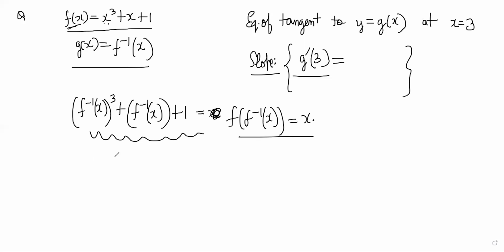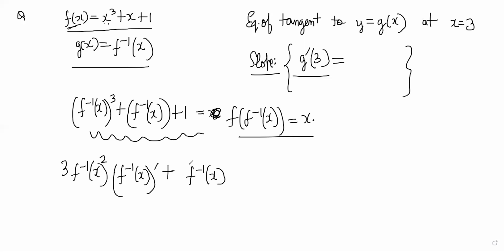Then you differentiate that: 3 f inverse x whole square into f inverse x's derivative, plus f inverse x's derivative is equal to 1.